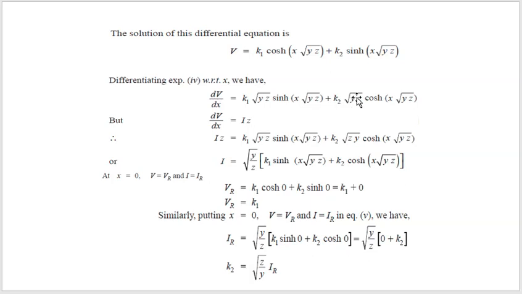In the same way, the derivative of sinh will be cosh, and the derivative of this theta will be √(yz), where the derivative of x with respect to x will be 1.